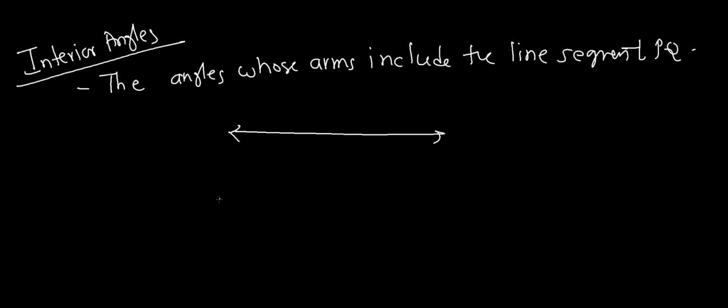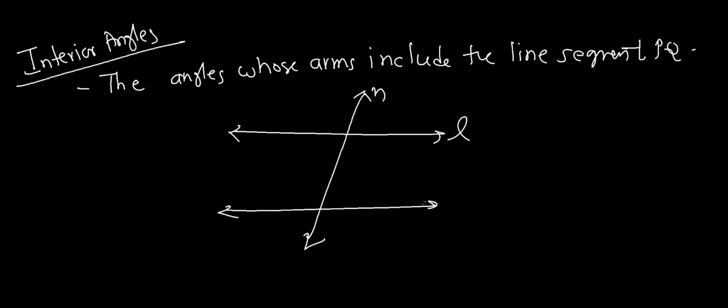So if we draw the figure here. This is transversal N, this is line L, this is line M, and this is point P, this is point Q, and interior angles means angles whose arms include line segment PQ. So this includes line segment PQ, this angle also includes line segment PQ, this angle and this angle.